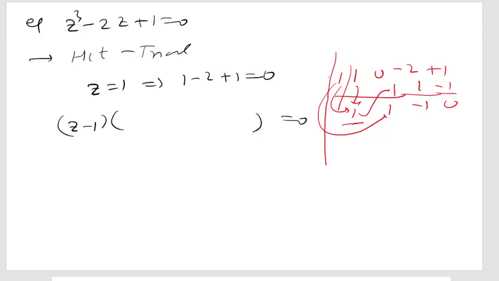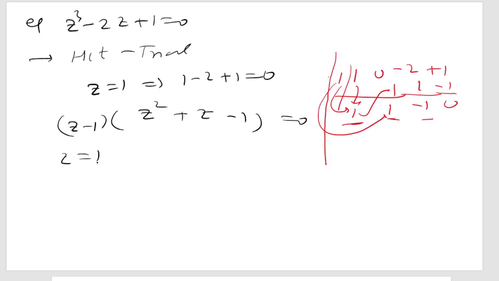So we get the coefficients 1, 1 and minus 1, so the quadratic is x square plus x minus 1. We will not write x, we write z because we are using z here. So this is z square plus z minus 1. Now we can solve it.